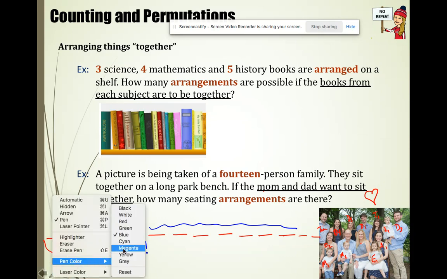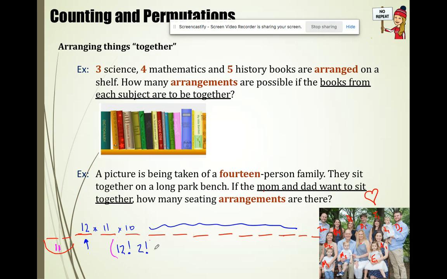Why aren't you done? How many different places can these 2 go? They have to stick together, but how many places can they go? 14? No. 13 different places, right? Not 13 factorial. There's just 13 ways that can happen.